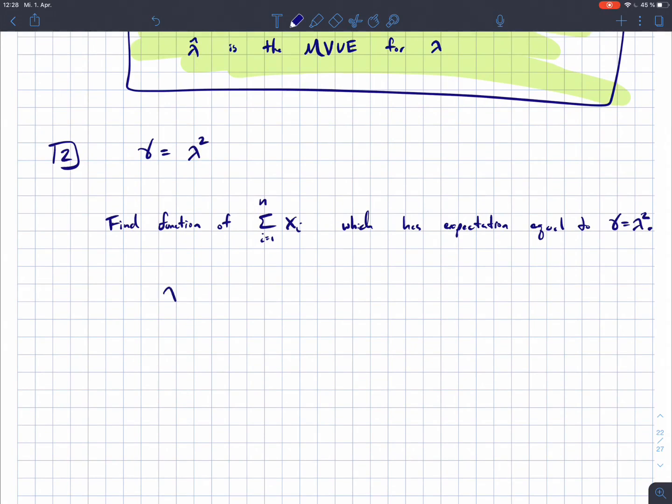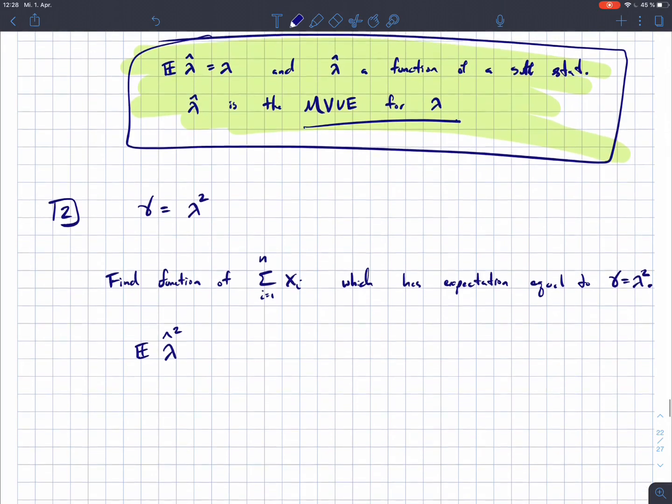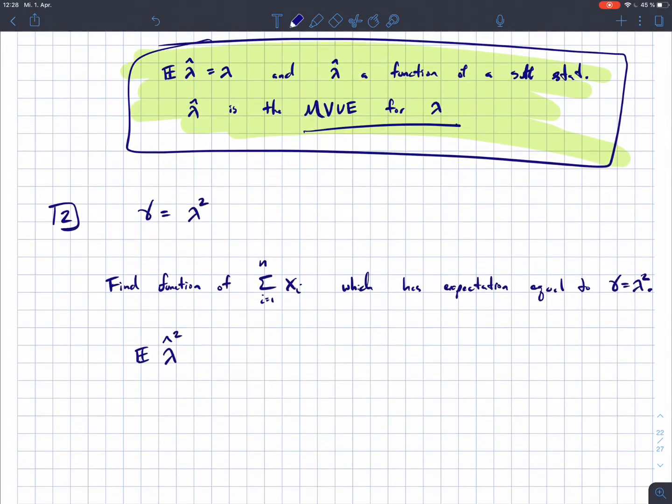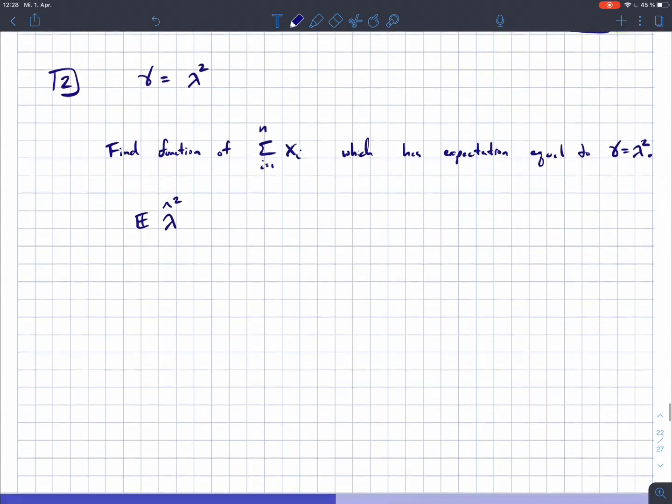Let's propose one. What if I take my MVUE for lambda and I just square it? Let's see what happens. Our intuition tells us it's probably biased, because I know that if I want to estimate a function of a parameter, I usually cannot get away with just taking the same function of my estimator.